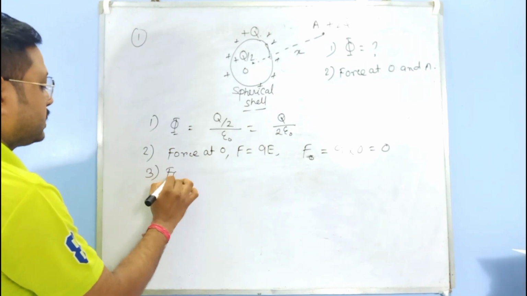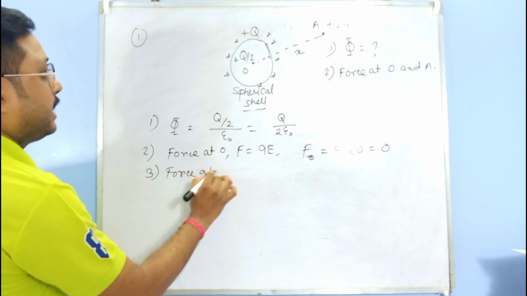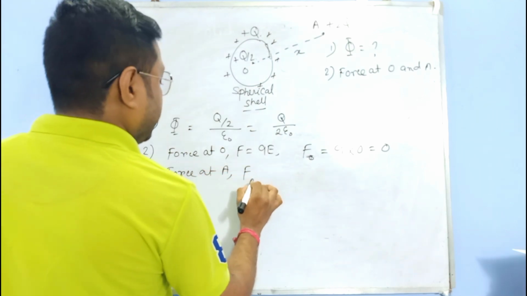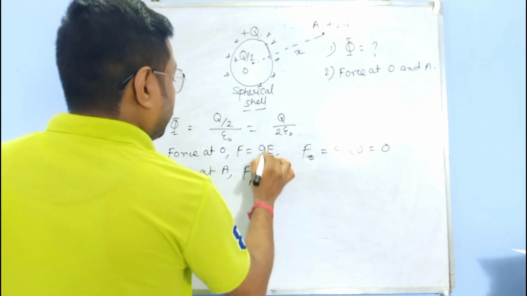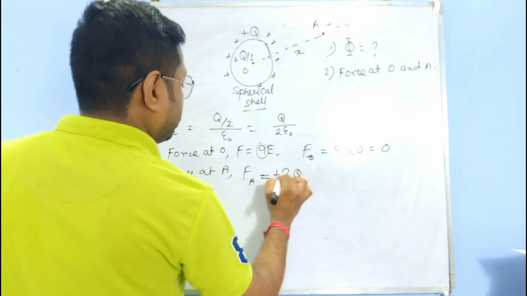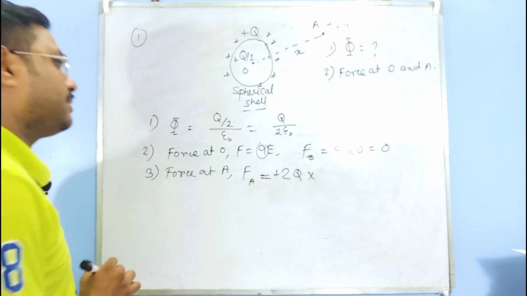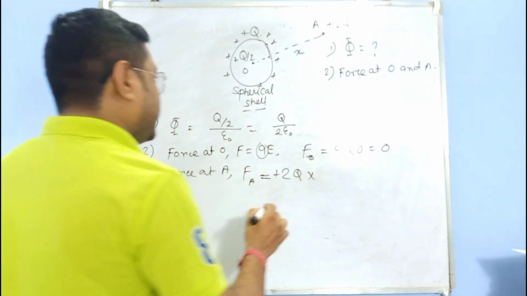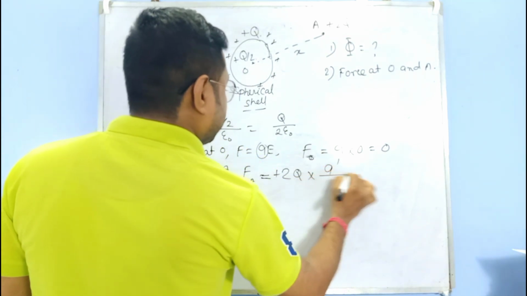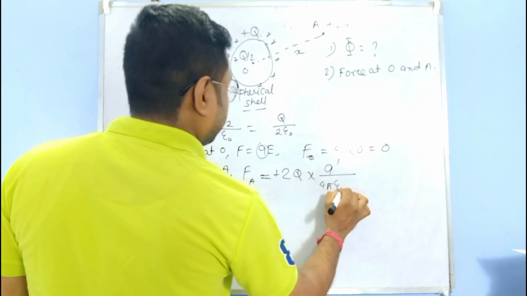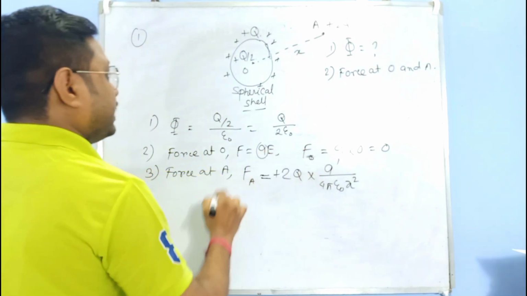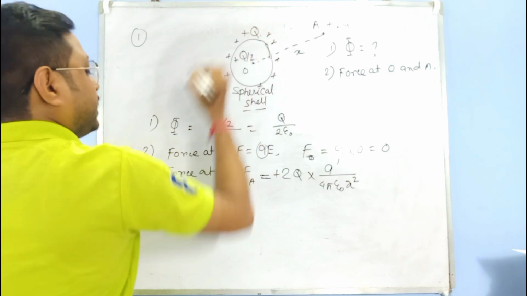Number 3, force at A. Again F equals QE. F at A equals Q into E, where this Q is 2q, so 2q into E. What is the value of E? E equals q dash by 4 pi epsilon naught x square. What is this q dash? q dash is the sum of q by 2 and q.